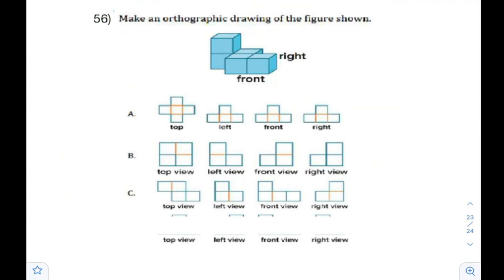So if you want to make orthographic here for that shape, I believe that this is the correct one. Why? Because if you look up here from the top, you will draw this one, and you will draw this one, and this line, red or orange line, will indicate that this brick has been moved up. And it was not in the same plane of the other one.